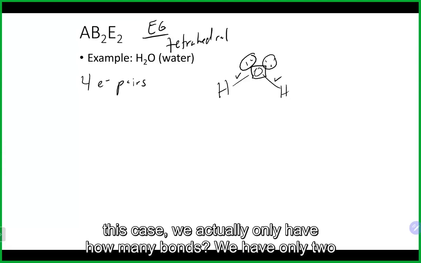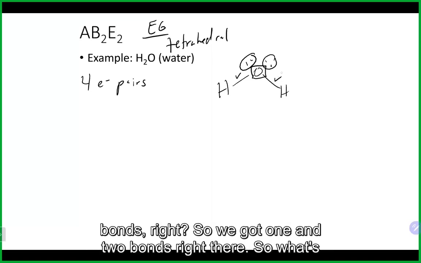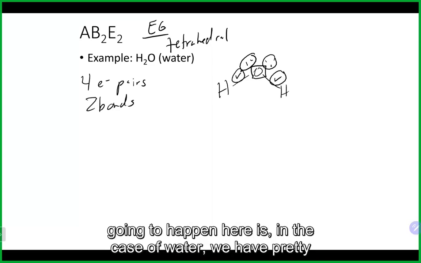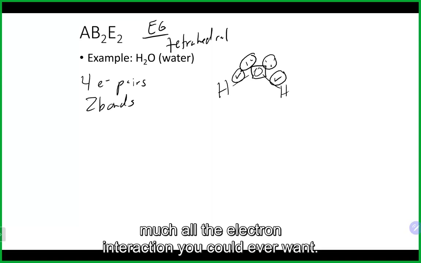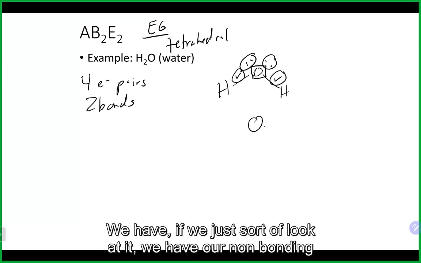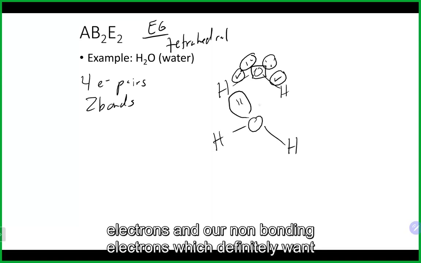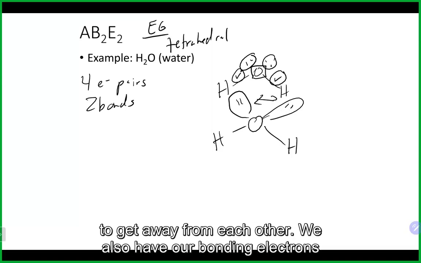But in this case, we only have how many bonds? We have only 2 bonds, 1 and 2. So in the case of water, we have pretty much all the electron interaction you could ever want. We have non-bonding electrons and non-bonding electrons, which definitely want to get away from each other.